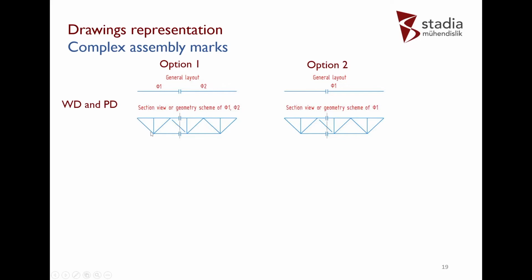In both cases, we will get one section view. For example, let it be not a section view, let it be a layout of this truss where I want to mark all this section. In this case, I name this view the section view or geometry scheme of F1 and F2 marks, because every mark acts as a single mark. And in this way, I will name them as one common, uniform mark.